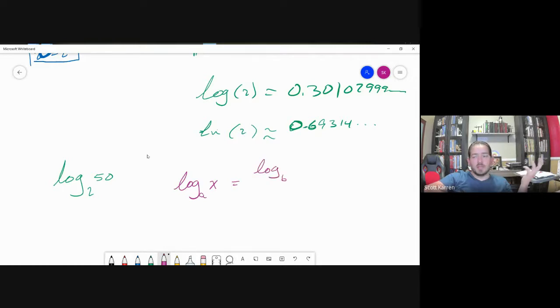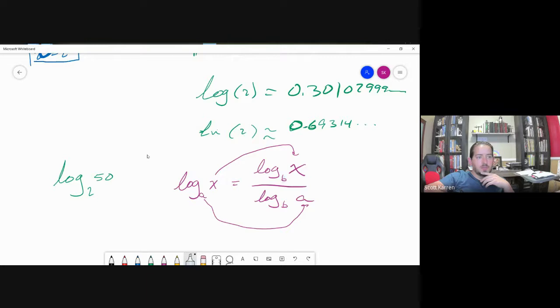So I'm just going to use B for any base, of X over the log, I have to have the same base, so same B of A, right? So it's the log of whatever you're taking the log of initially divided by the log of the base in a new base where those bases are the same.